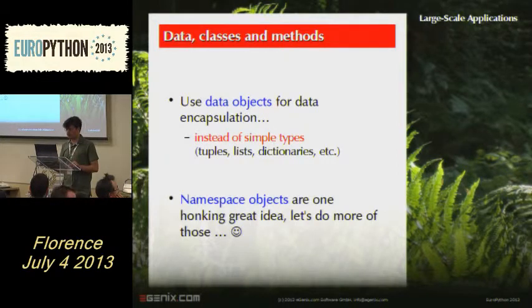Because, for example, if you use tuples in your application and you want to add something new to the tuple, then you have to look through all of your application code where that tuple is being used, and you have to change all those different places. And not even the nice tools like PyCharm can help you much with that, because they not necessarily know where all these tuples are used or end up. If you just have a data object, it's very easy to just add something to it.